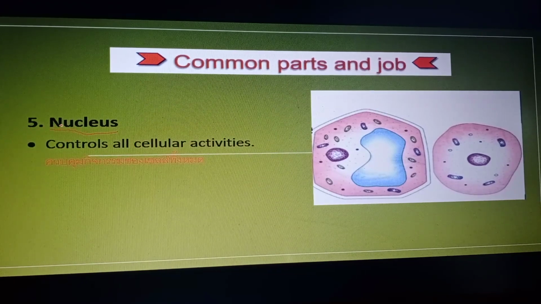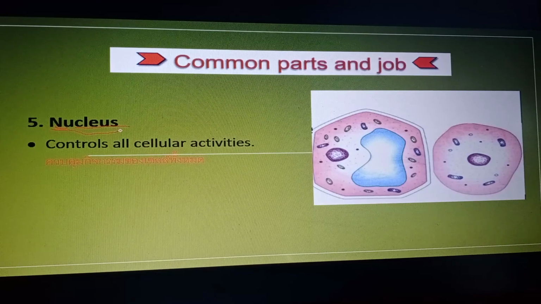Nucleus. Everybody, nucleus. Okay. Now the function of your nucleus is to control all cellular activities. Cellular meaning this is the cell. In other words, this is your cell.